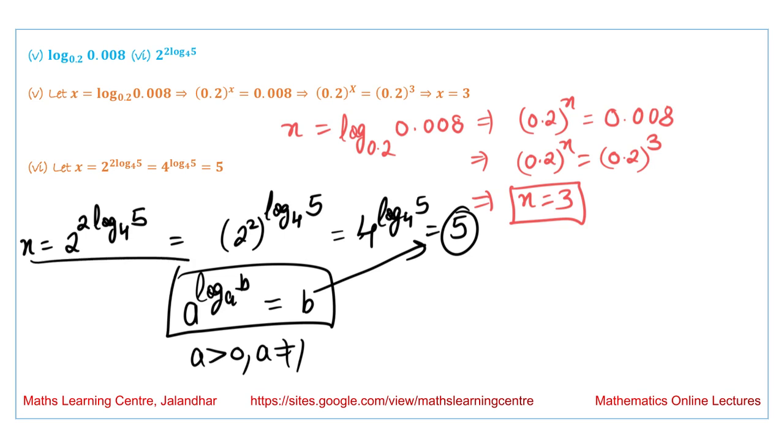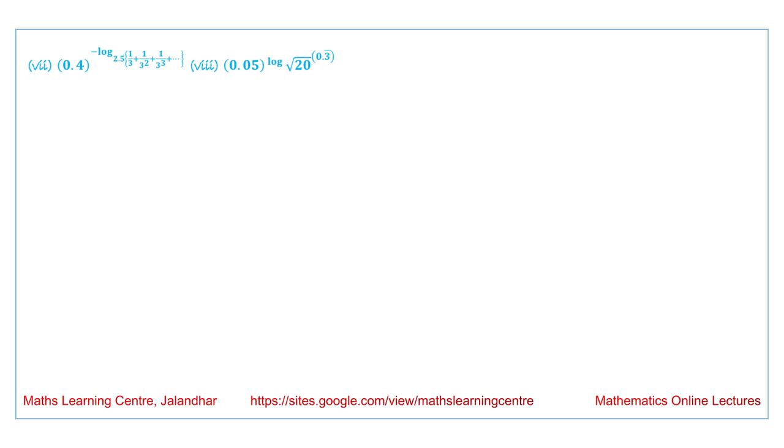So the value of x in this case is equal to 0.4 raised to the power minus log base 2.5 of the number 1 by 3 plus 1 by 3 square and so on. Clearly, look at this term over here, it is a GP.